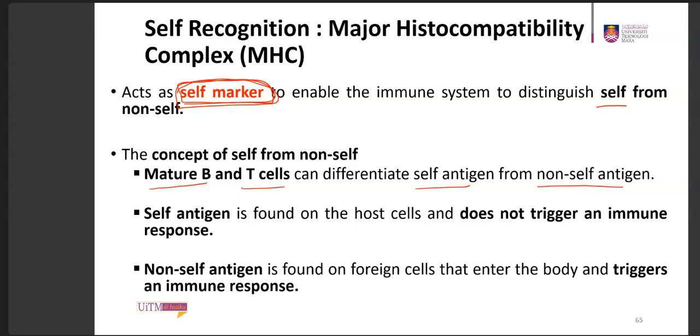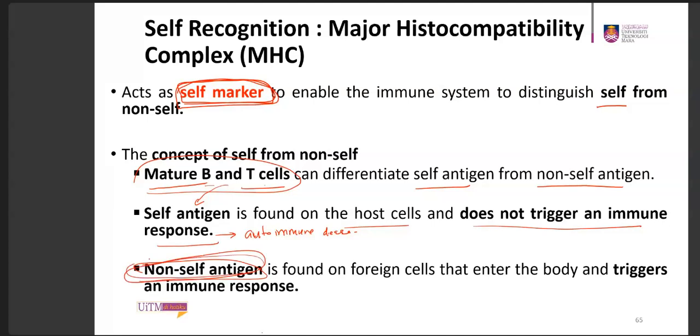Okay, disease. So kalau non-self-antigen, it is found on foreign cell that enters the body and triggers an immune response. Yang foreign, this is the one that your immune system supposed to attack. Okay, the non-self-antigen, the foreign molecule that enters into your body.